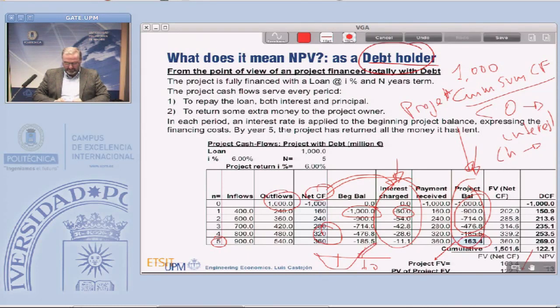The meaning of this is that we have been able with this project to pay the debt and to get much more money.